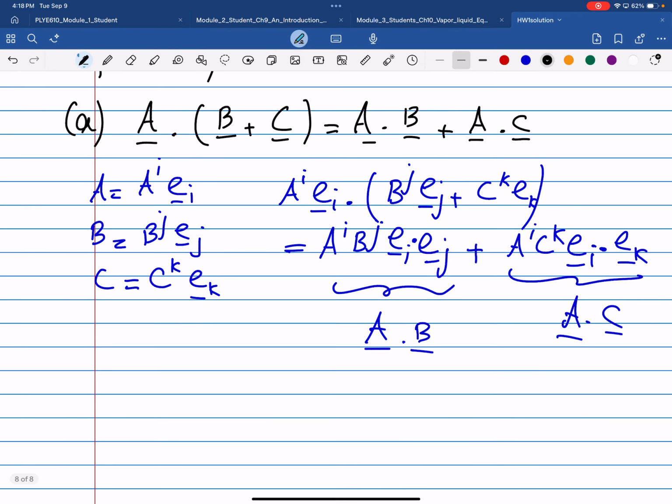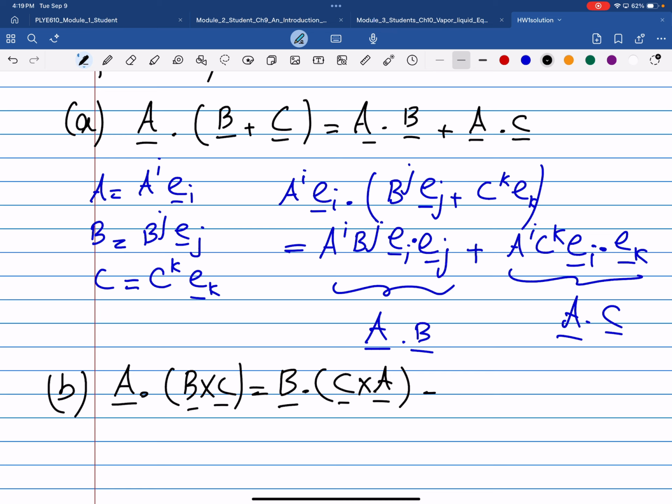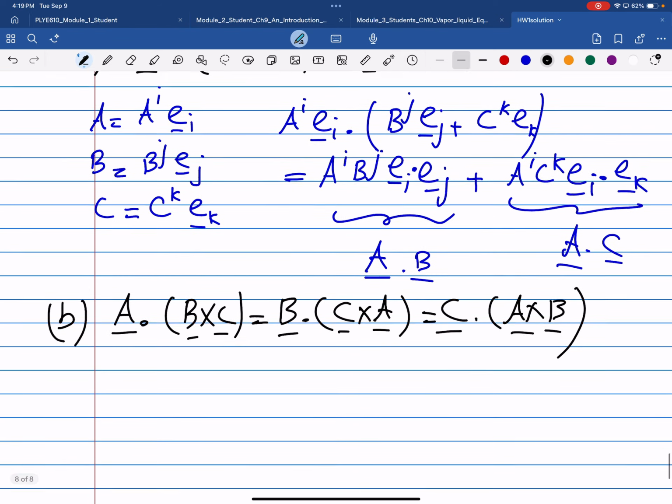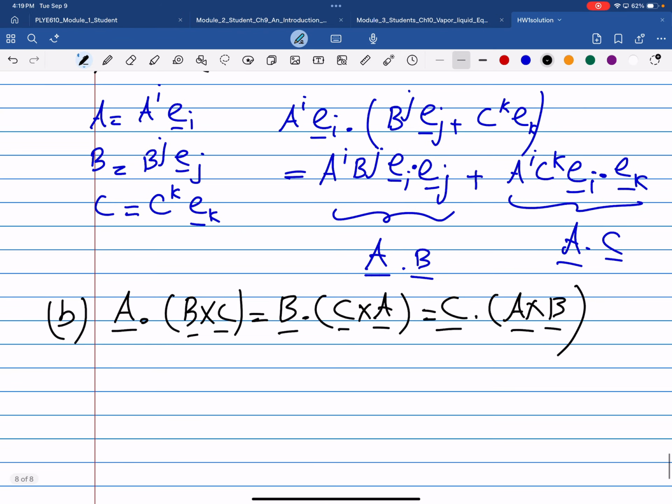Then in part B, you have A dot B cross C equals B dot C cross A and C dot A cross B, right? So I will use the same notation for A, B, C. Let's open from the left-hand side.